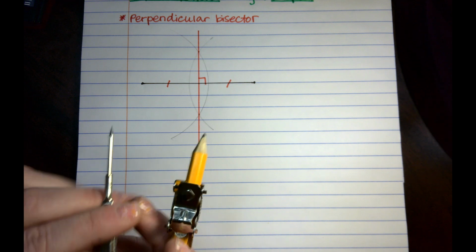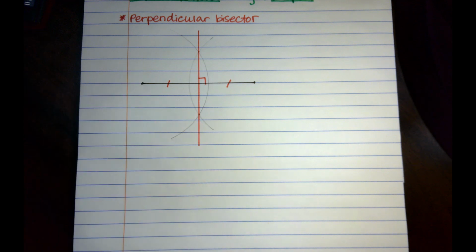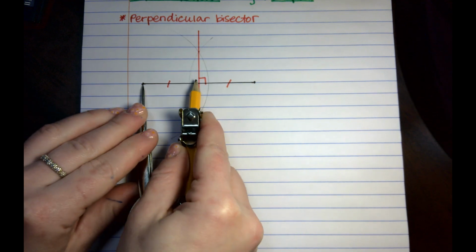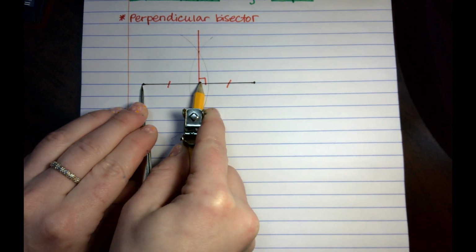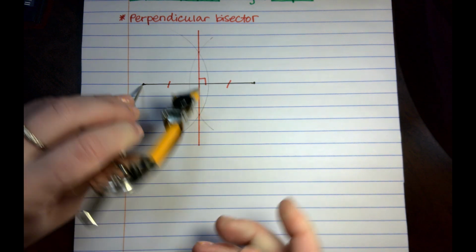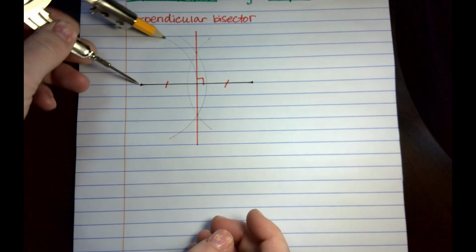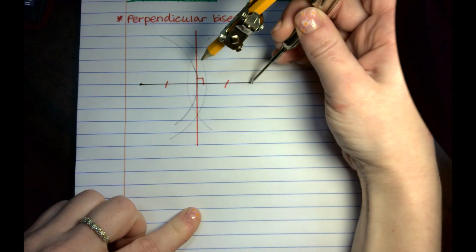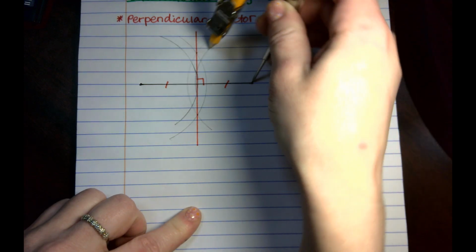Ooh, so it looks like your compass was not open big enough. It's like you actually measured the halfway point perfectly. So let me show you what you did. Your compass was open exactly this big. So when you made your arcs, you have one here and one here.